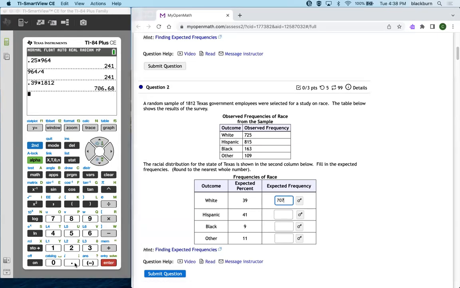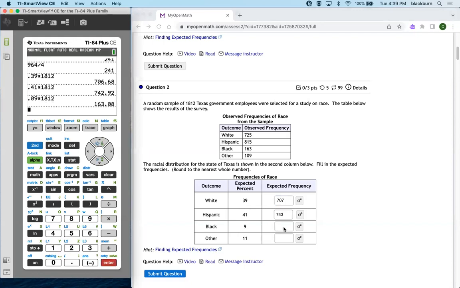41% to be Hispanic, so I'm going to do 0.41 times 1,812. And I get 743. So 743 is what we're expecting. Up there is the observed, the 725, 815, 163, 109. And then 9% are black, so 0.09 times 1,812. So we're expecting that number to be 163, right on the money.